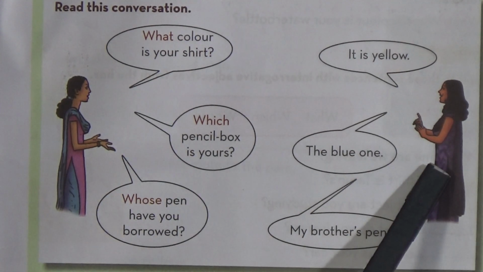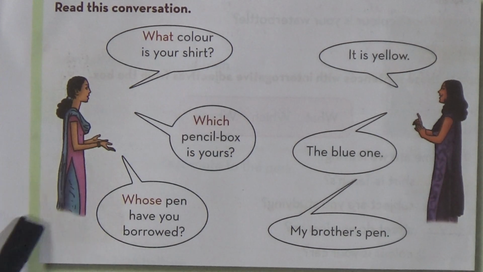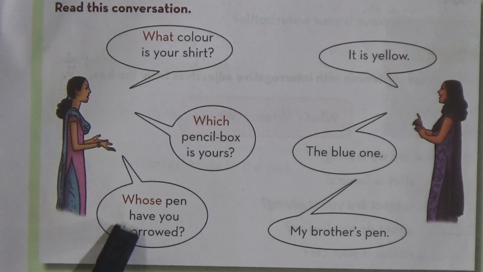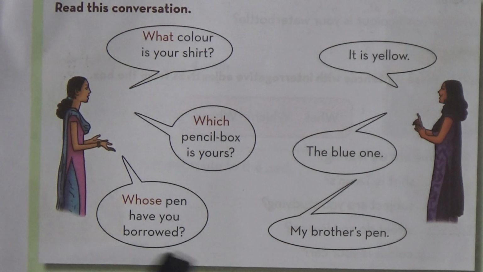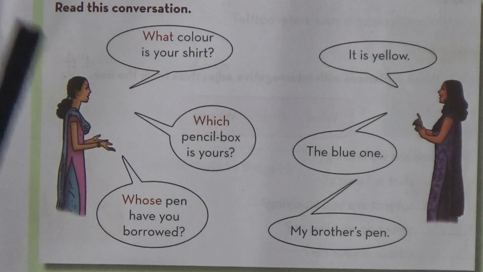Then another one is saying, the blue one. Then the first girl is saying again, whose pen have you borrowed? Then another one said, my brother's pen. Now dear students, now we will know about interrogative adjective.